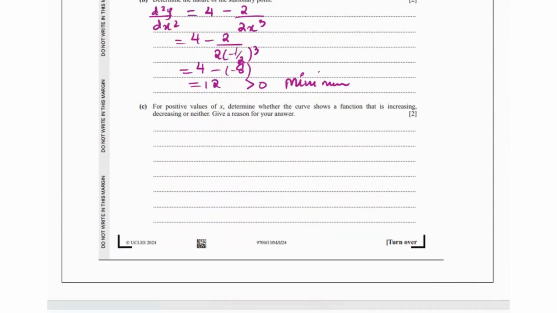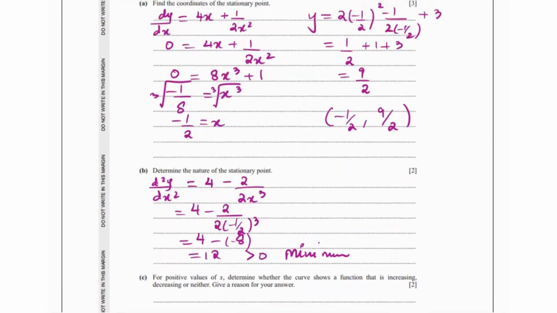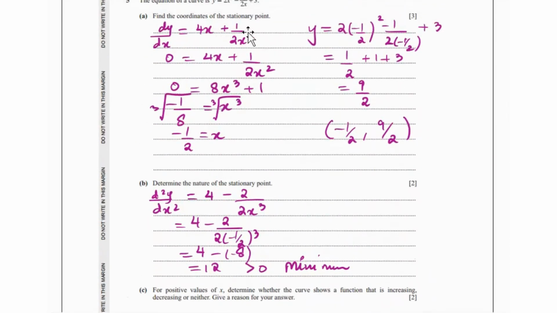Then for positive values of x, determine whether the curve shows a function that is increasing, decreasing, or neither. Give a reason for your answer. So if you look at our first derivative, which is 4x plus 1 over 2x squared, we know for any value greater than 0, it's going to be an increasing function.